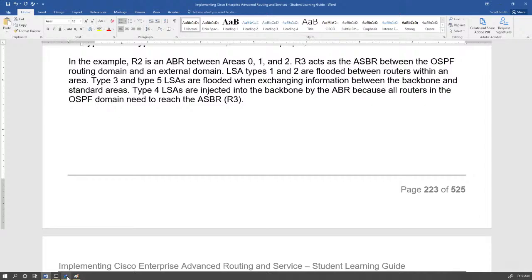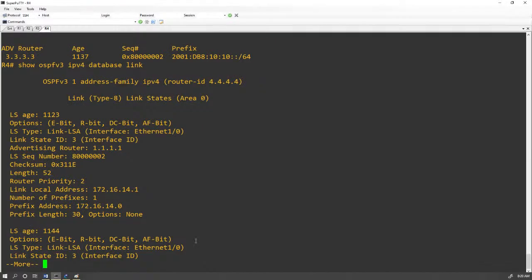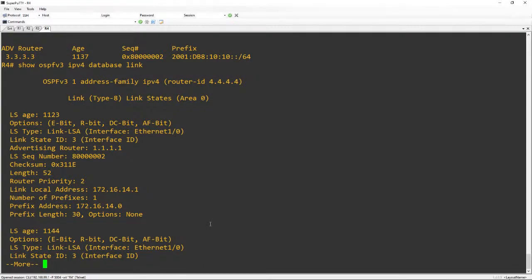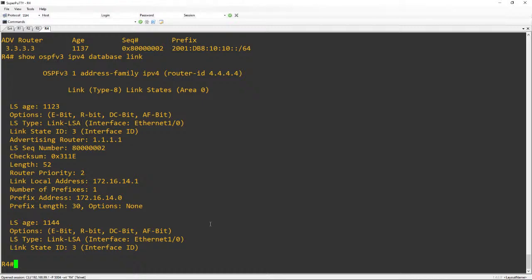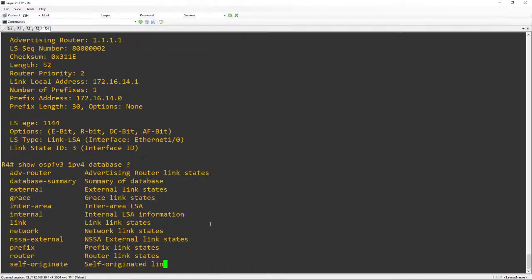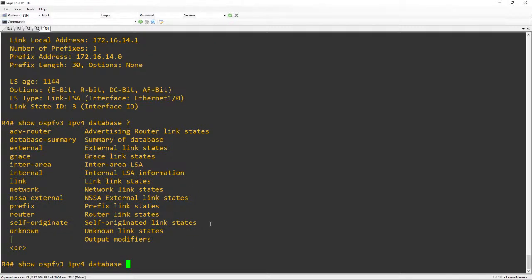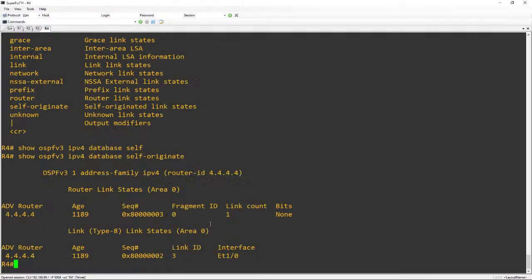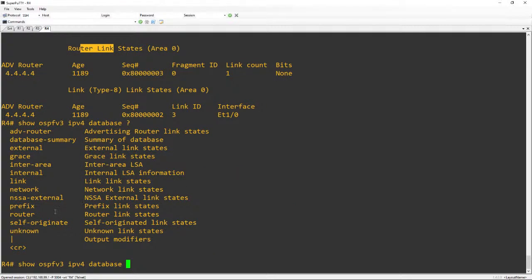And that's interesting here because I'm not seeing link local information in this output. So let me do one more thing here real quick. Let's do a self-originate, and those are my type 8s and my type 1s. But the one that I'm actually looking for are the link local ones.